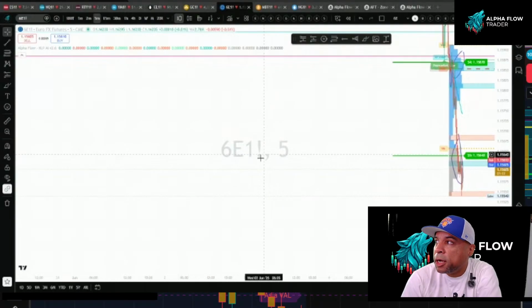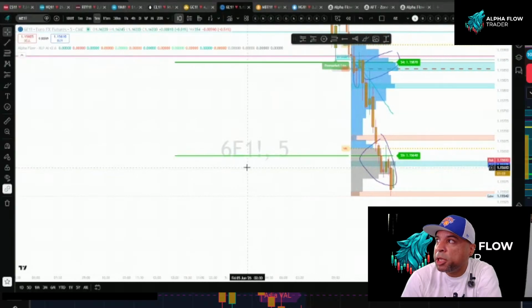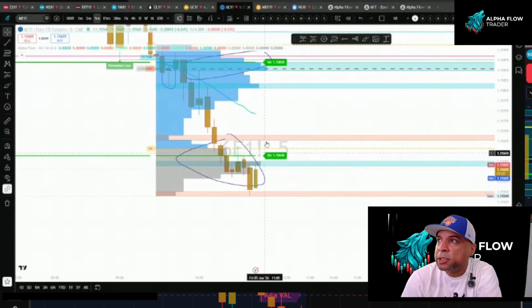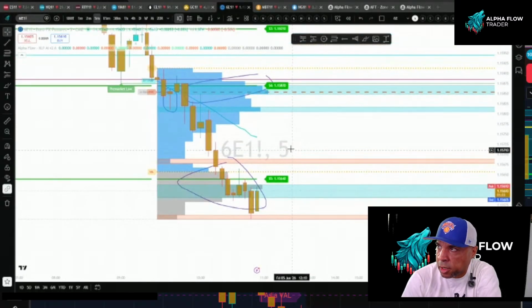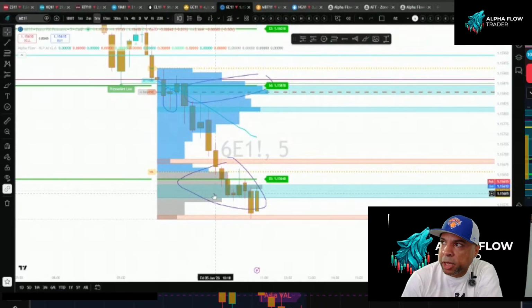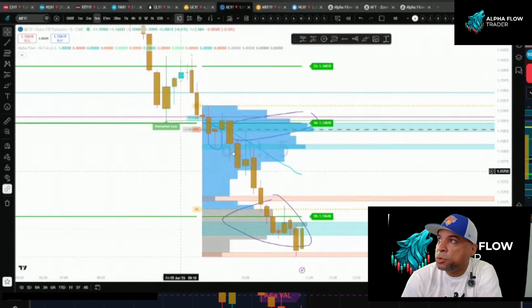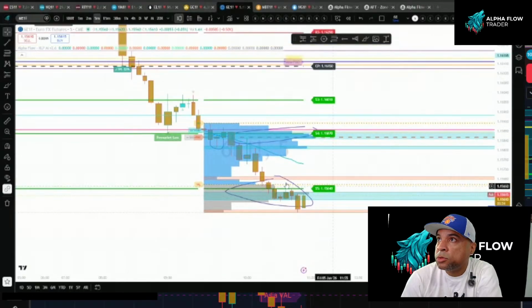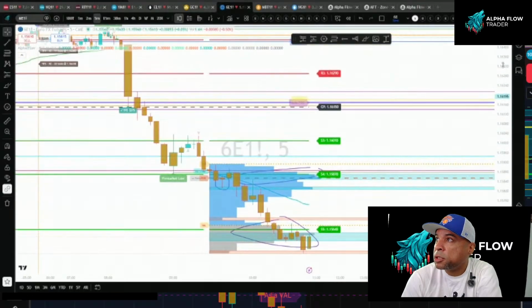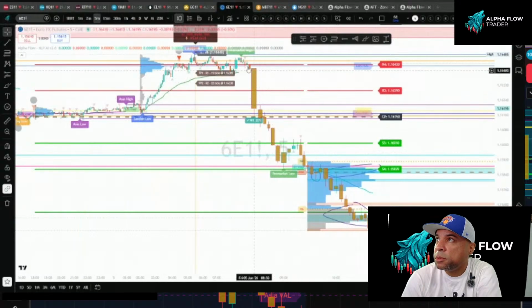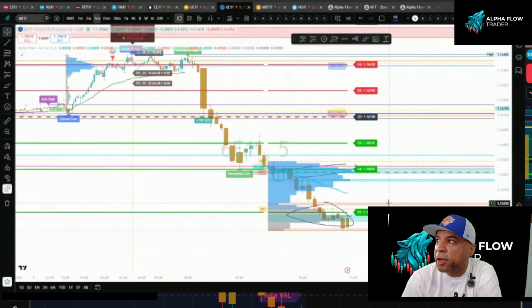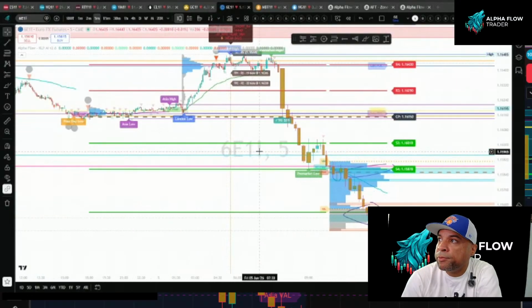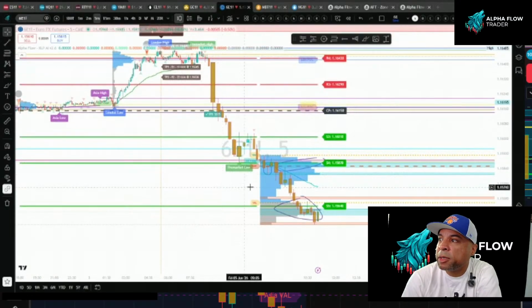With Euro being extremely bearish, even if I'm looking for an A+ setup, it's my only trade I've got left in me on a Friday, I'm not going to make it Euro. It's just too bearish. Look at this move. It's been extremely bearish coming into S5. I'm probably going to skip over that one.